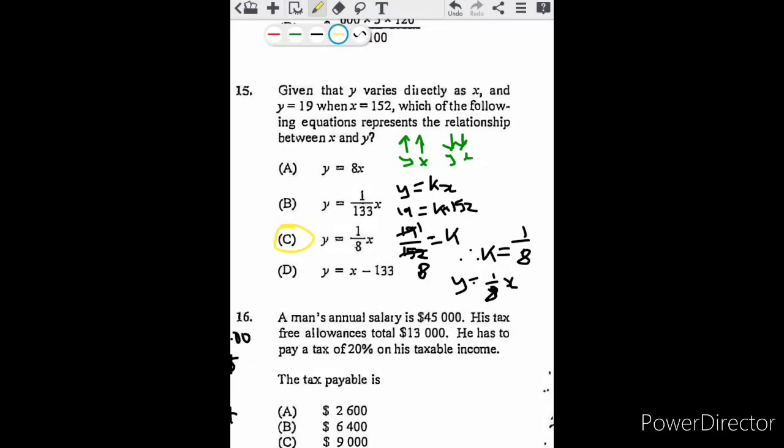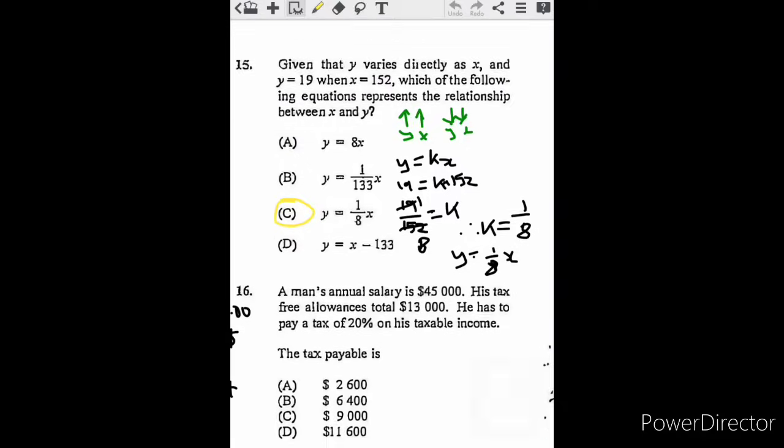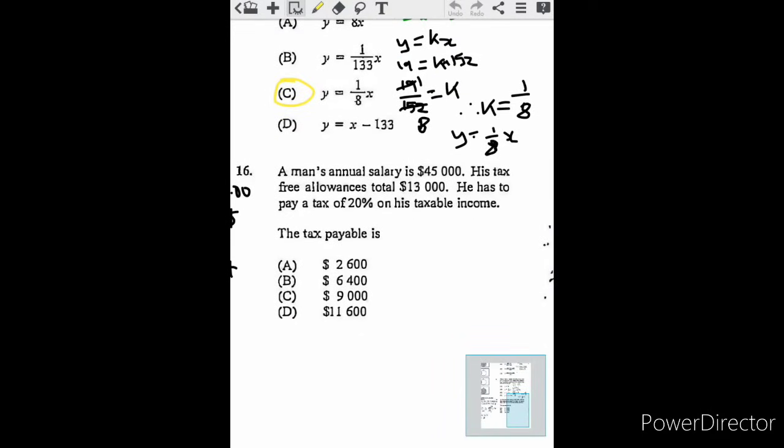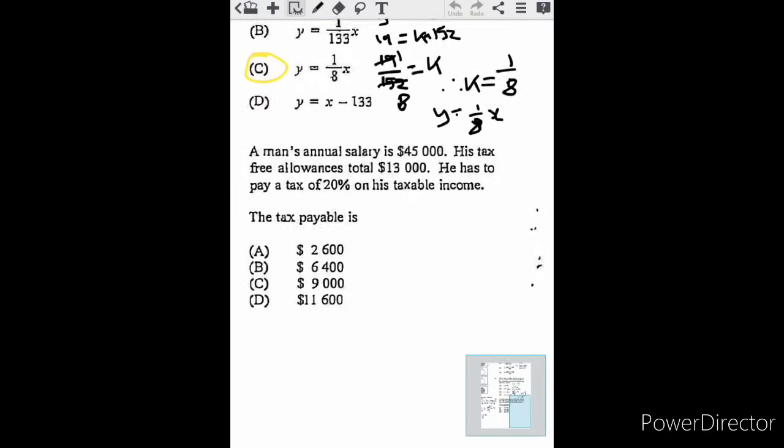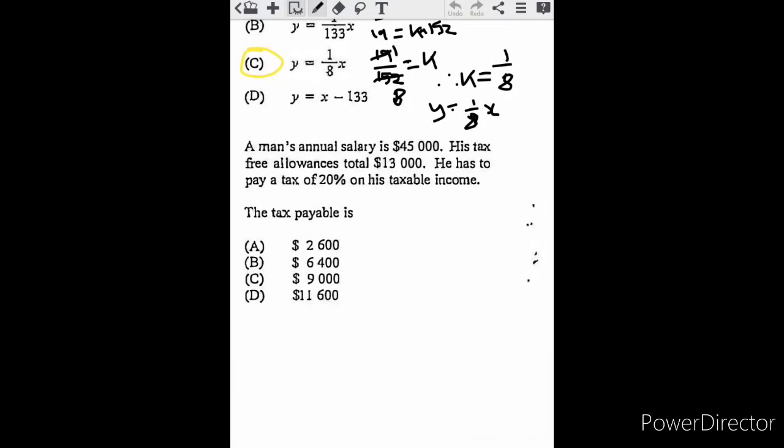Question 16. A man's annual salary is 45,000. His tax-free allowances total 13,000. He has to pay a tax of 20% on his taxable income. The tax payable is, and we need to find that amount.